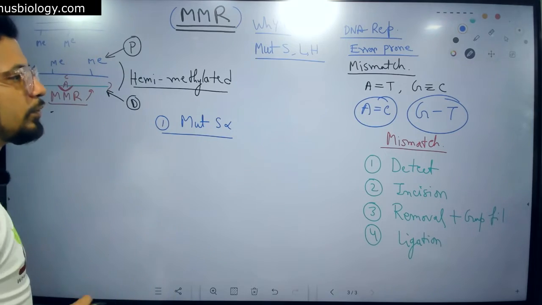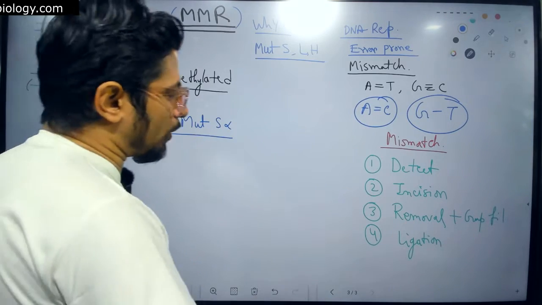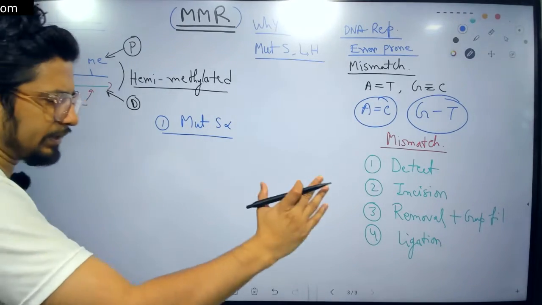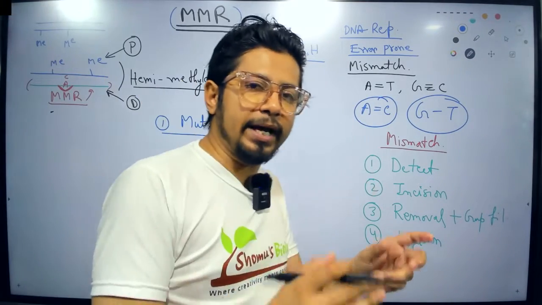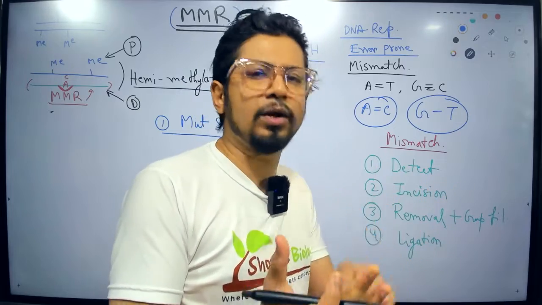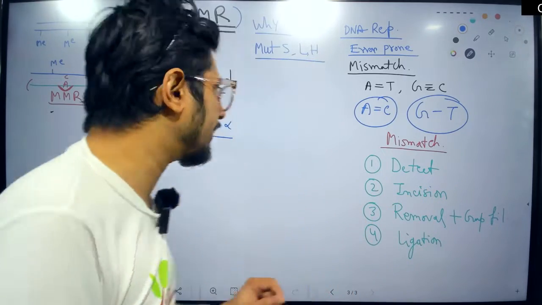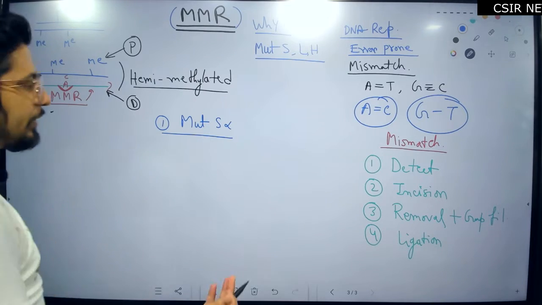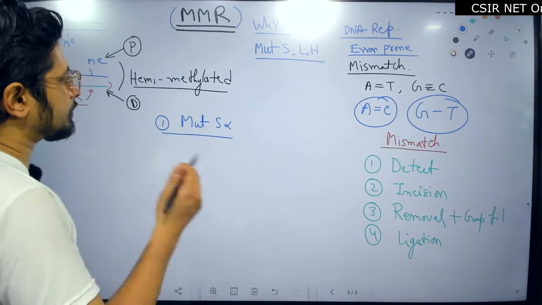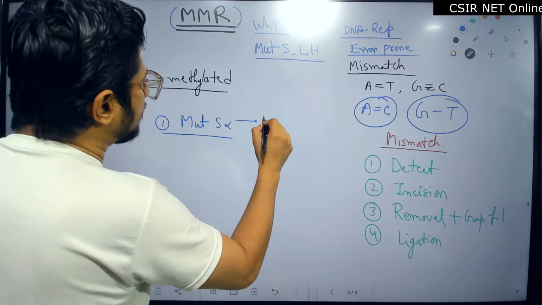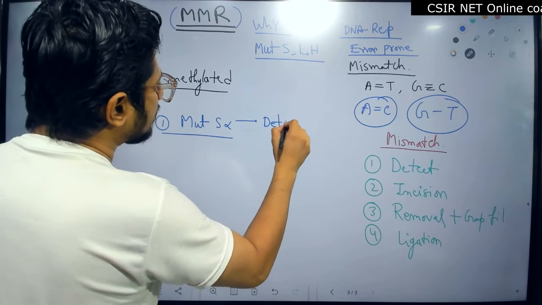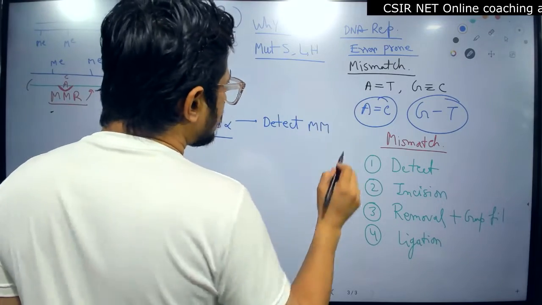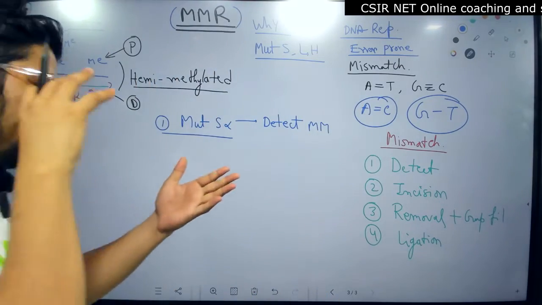In E. coli it's different from eukaryotes, but there is a lot of similarity, and there are only differences in the names of the proteins and how they run. So MutS, in eukaryotes MutS alpha, is involved in detecting the mismatch.